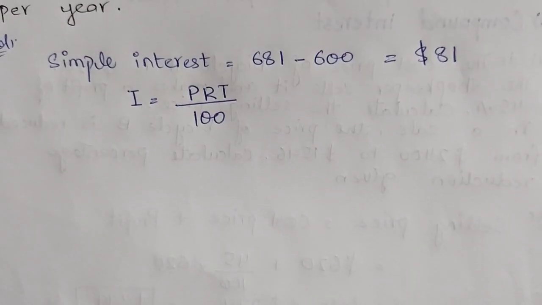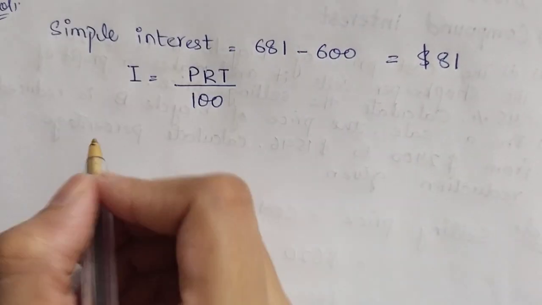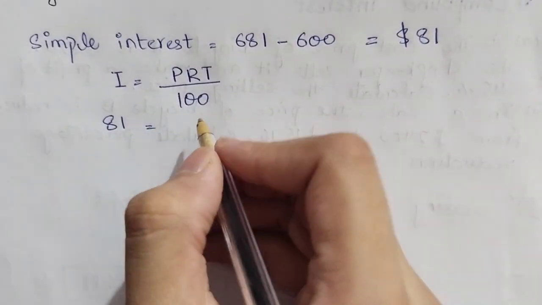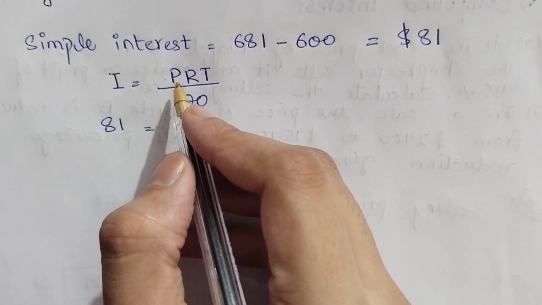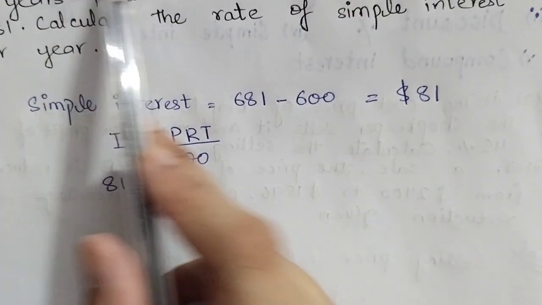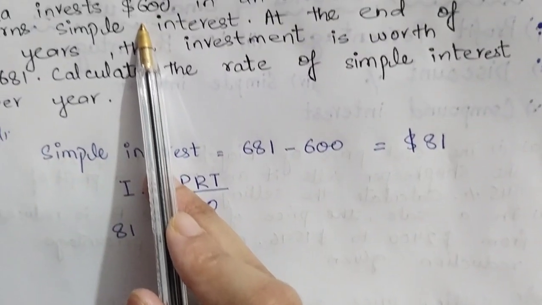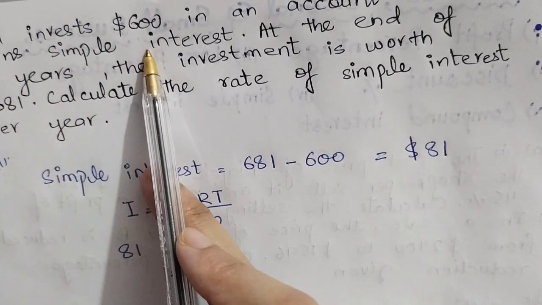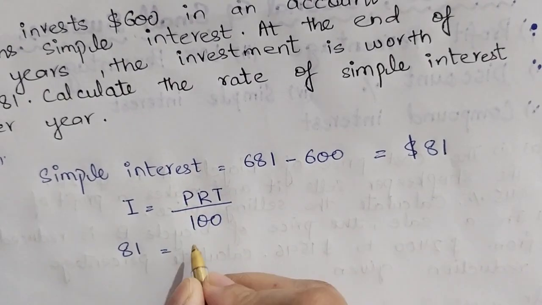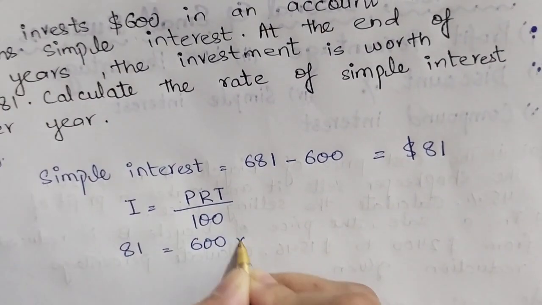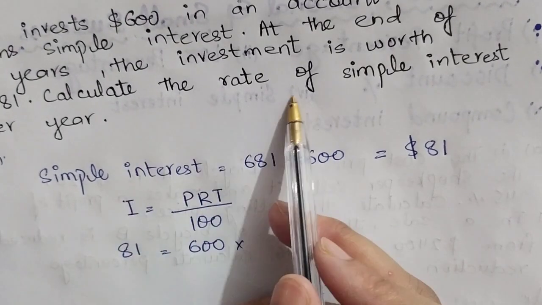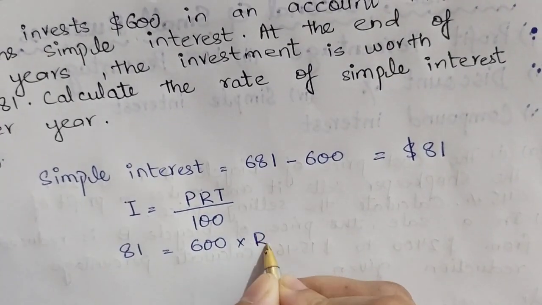Here I is the interest, and we know the value of interest, which is $81. So we write 81 is equal to P, the amount invested, which is $600, multiplied by R. R means rate, and we have to calculate the rate, so R remains the same.